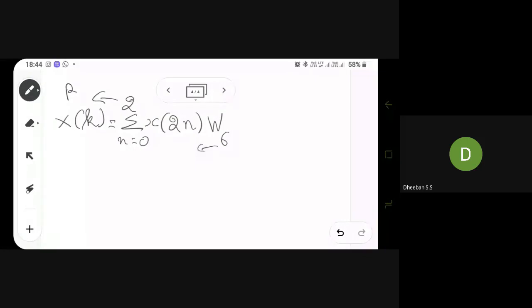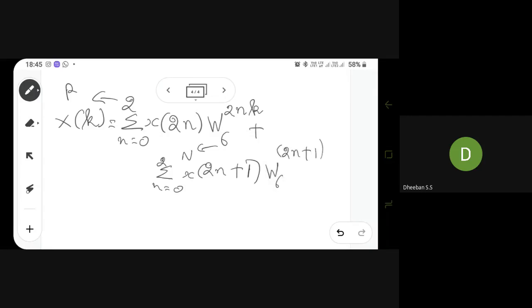Plus summation n equal to 0 to 2 of x of 2n plus 1. One refers to your odd term and another refers to your even term. This is what I was telling you in the starting of your FFT concept: it is the summation of your odd part as well as your even part, W6 to the power (2n plus 1) into k.